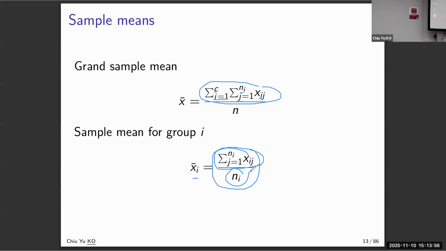You have a mean of the girls, adding everything in the girls. The first one is you add all the boys, the girls, the aliens, the dinosaurs, and divide by how many creatures you have, which is big N. Big N is N1 plus N2 plus N3 up to NC, the total number of creatures.